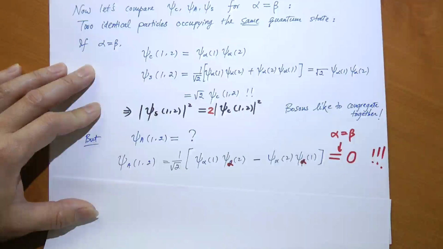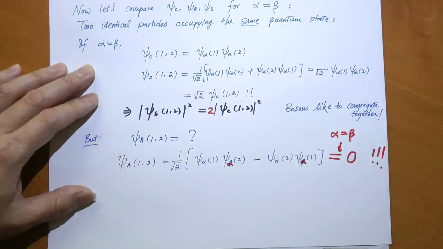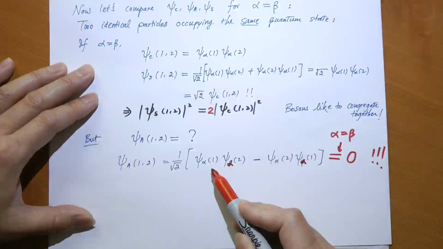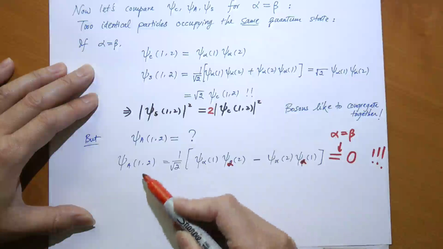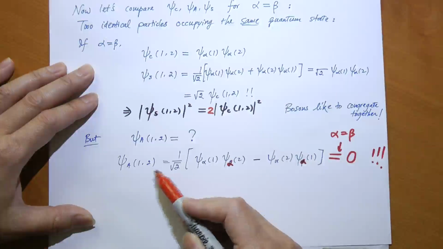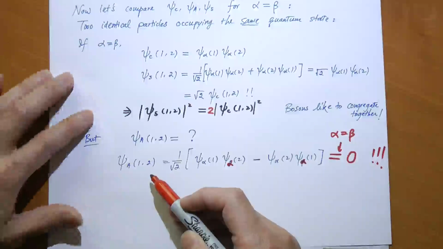This is unbelievable, yet very simply true, which means if we're dealing with fermions, and the two fermions occupy the same quantum state, what is the resulting wave function? 0, which means it cannot happen. The wave function being 0 means the state does not exist.